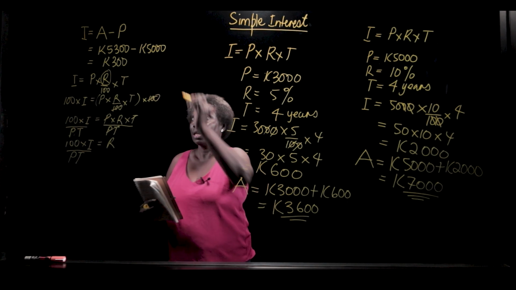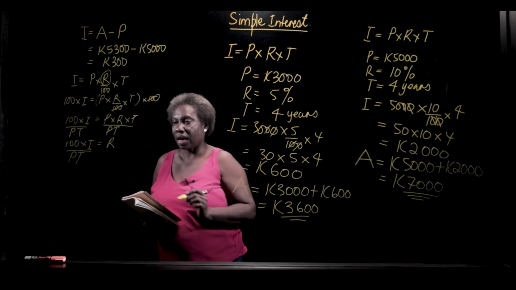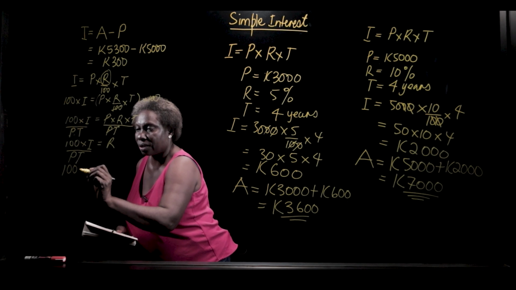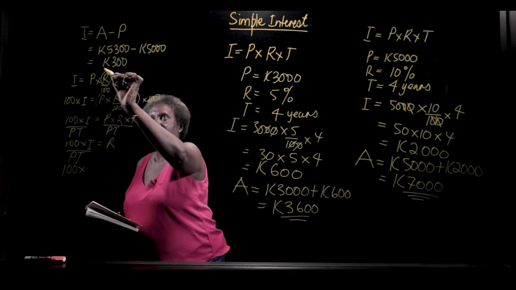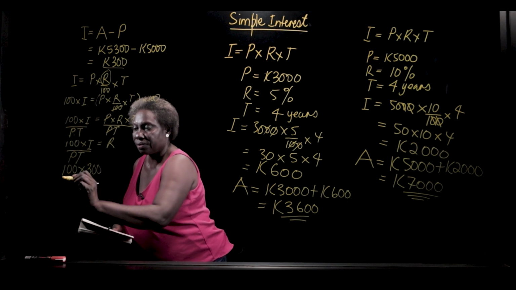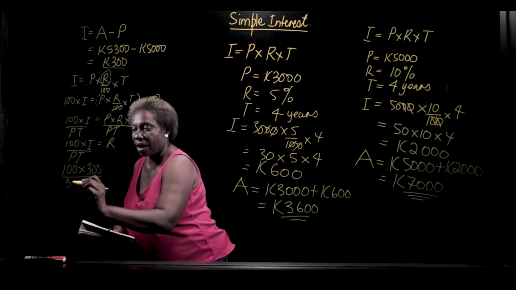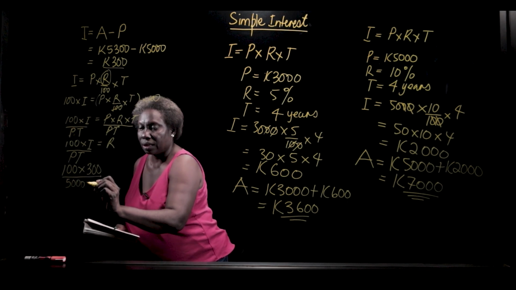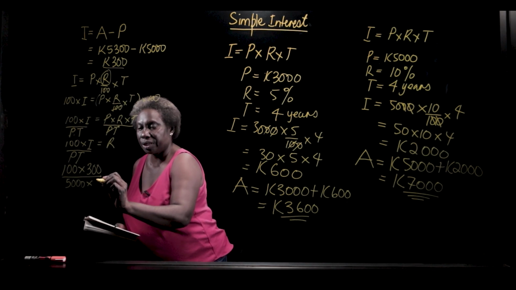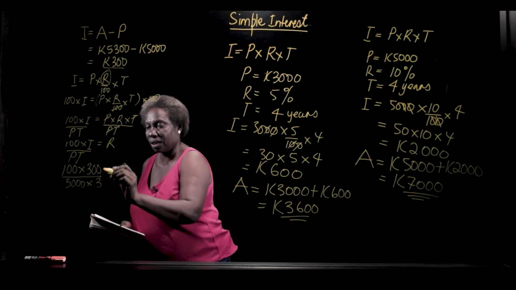Then we substitute the values into the formula to find R. So we have 100 times I, which is 300, divided by principal, which is 5,000, times time, which is 3 years, is equal to R. Okay?